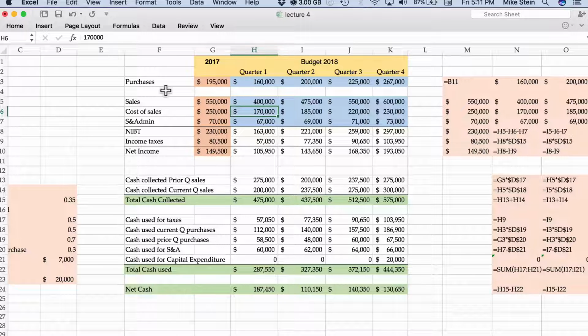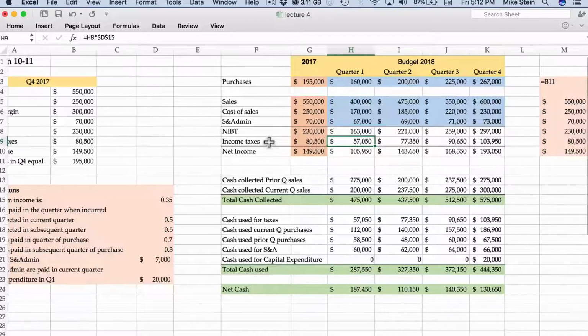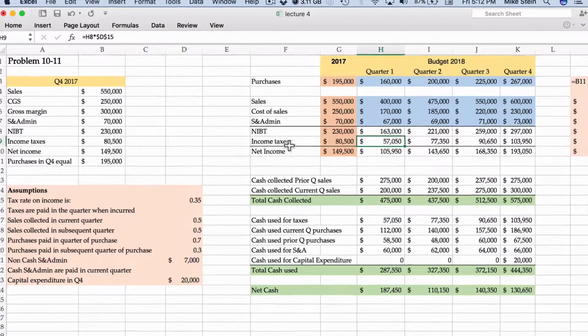All right, let me go through a few of the points here. Sales, cost of sales, S&A. Now notice I calculated net income before taxes, so sales minus cost of sales minus S&A, and that gets net income before taxes. Then on the income taxes, let me move the spreadsheet a little bit so you can see everything.